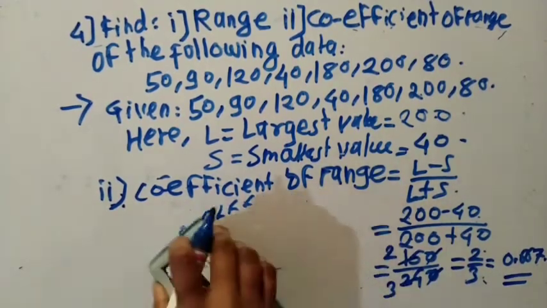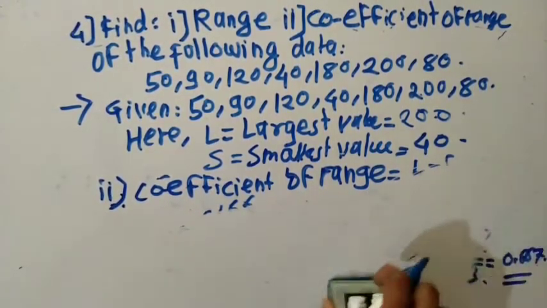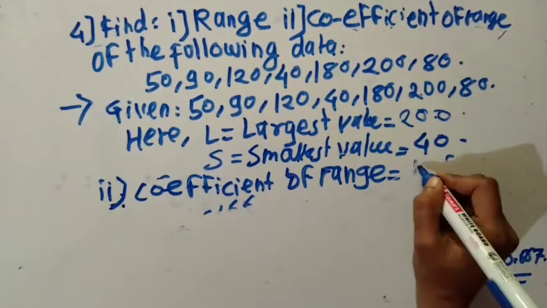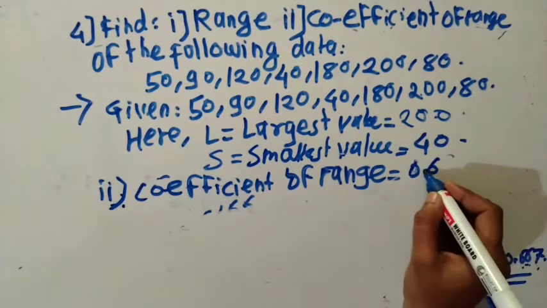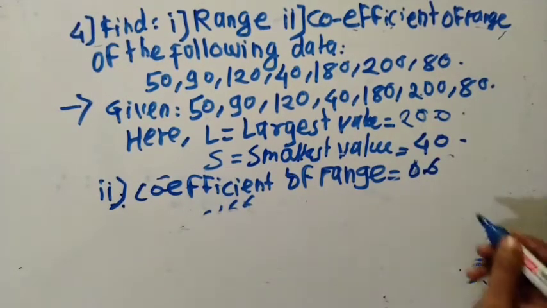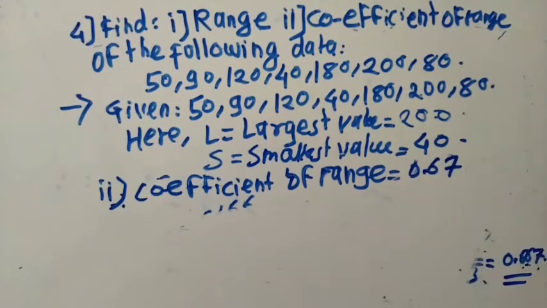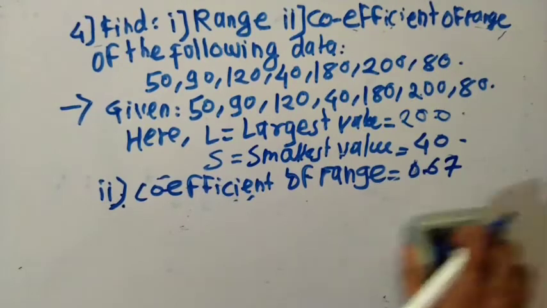Hence coefficient of range is equal to 0.666 recurring. So rounding, 6 is beyond 5, so coefficient of range is 0.67.